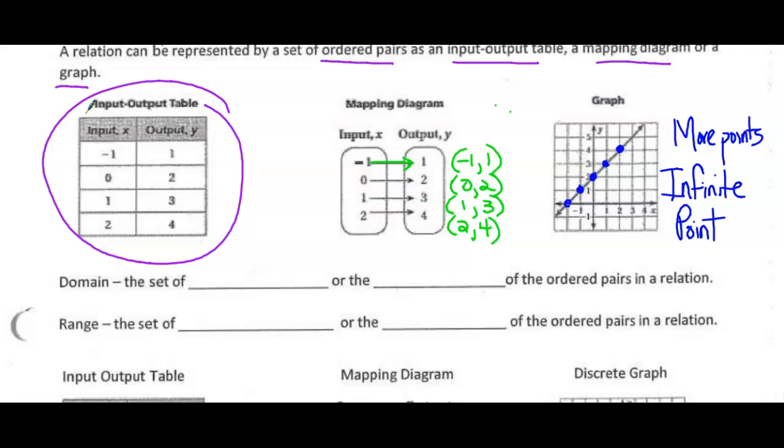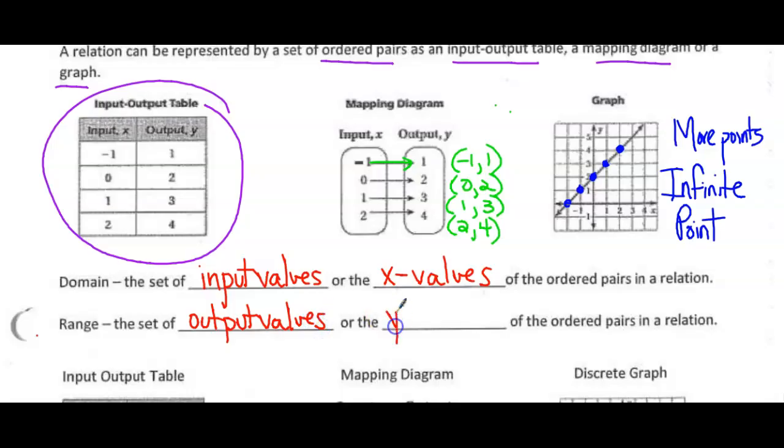Domain is the set of input values. Input is otherwise known as the x values of the ordered pairs in a relation. Therefore, range is the output values, or the y values of the ordered pairs in a relation.